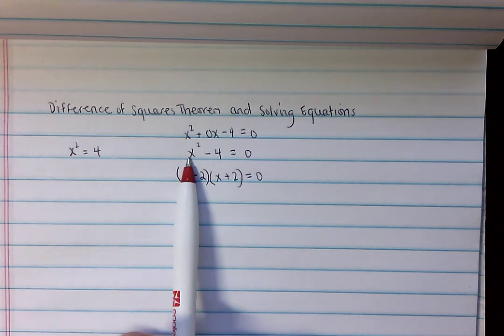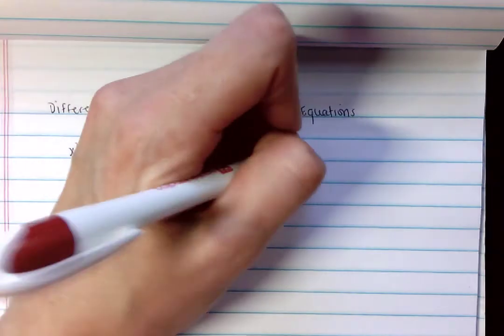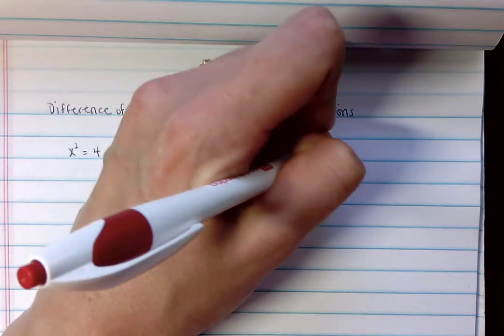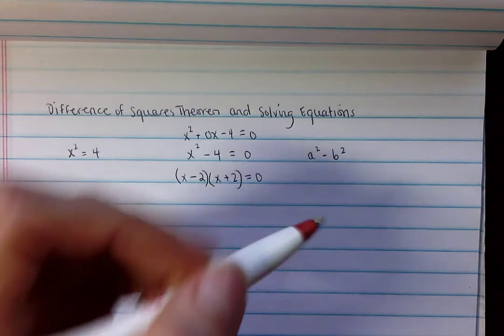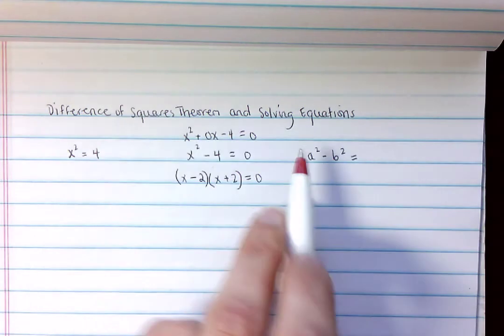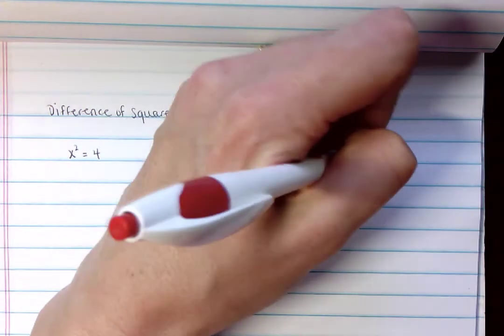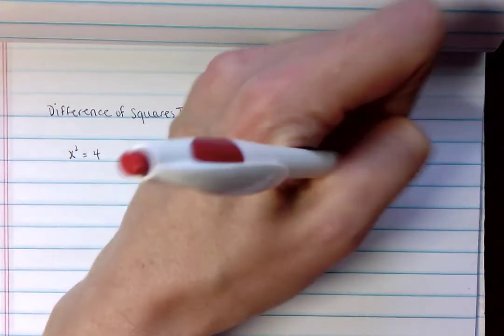Another way is just thinking, if you have two perfect squares and it's a difference of two perfect squares, that can be factored to be a plus b times a minus b.